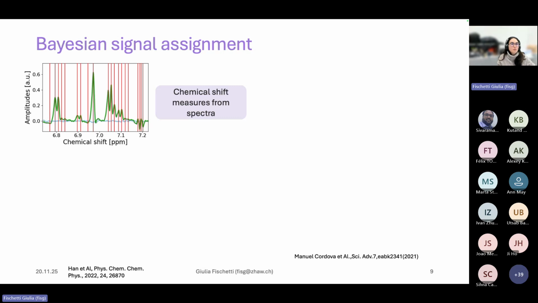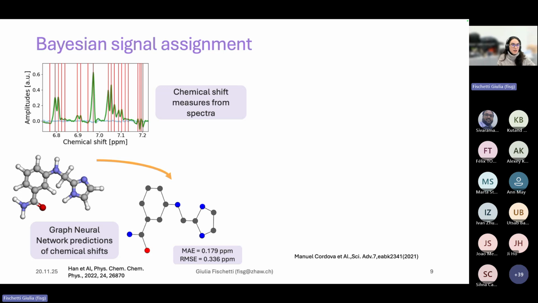And then at this point, on one side, we have the chemical shifts measured from the spectra that we acquired, and we want to assign them to the atoms in the molecule that effectively produced the signals. To do that, we also employed a graph neural network to predict the chemical shift from the structure of the ligand.